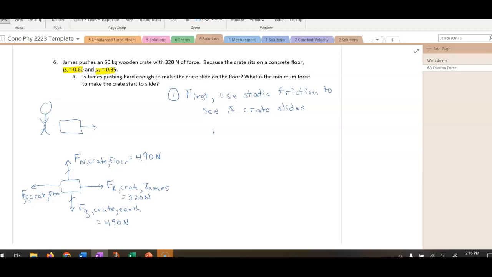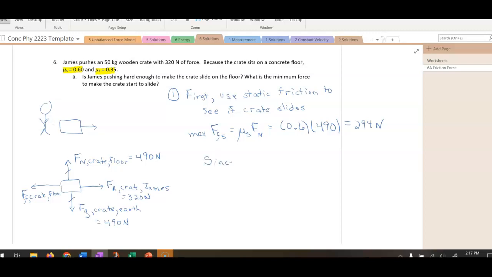The maximum static friction would be the coefficient of static friction times the normal force, which would be 0.6 times 490, which is 294 newtons.